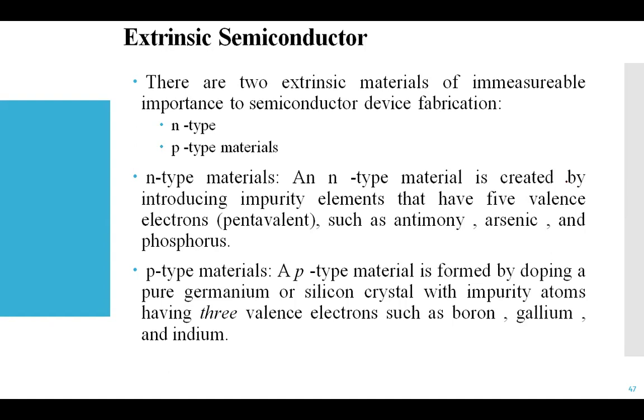In the opposite way, for the P type material, the doping process is used on the pure germanium or silicon crystal with impurity atoms having 3 valence electrons, such as boron, gallium, or indium. In that one, only 3 electrons are in the valence orbit. That's why we call it the P type semiconductor material.